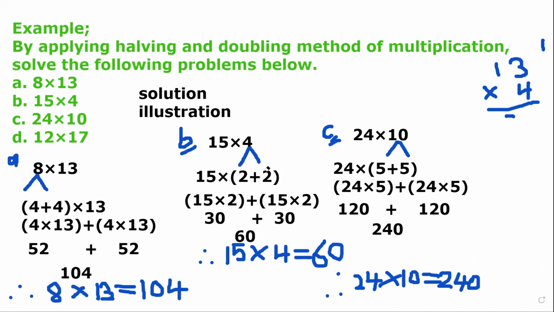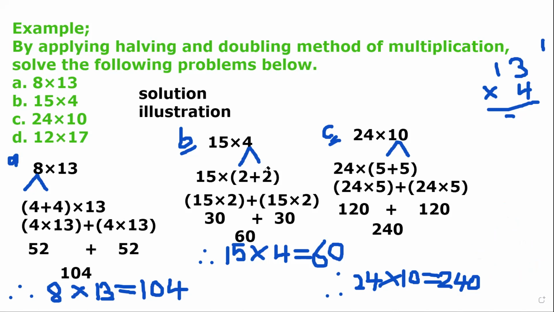Now you can try the last one, okay, which is 12 times 17. This time, the even number here is 12. Then you split the 12 into 2, and that one will be 6 plus 6, okay? And then use each of the 6 to multiply the 17. After then you add them, okay?